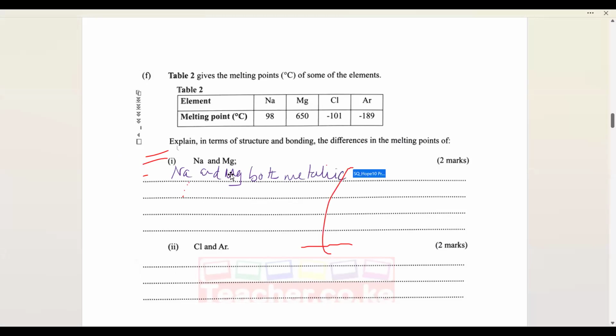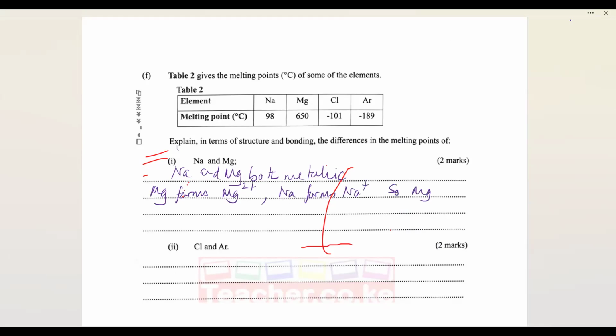That's very important. But Mg forms Mg2 plus, Na forms Na1 plus.